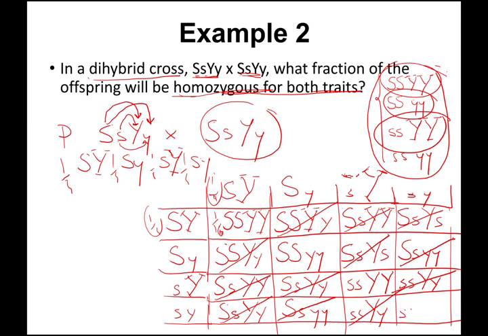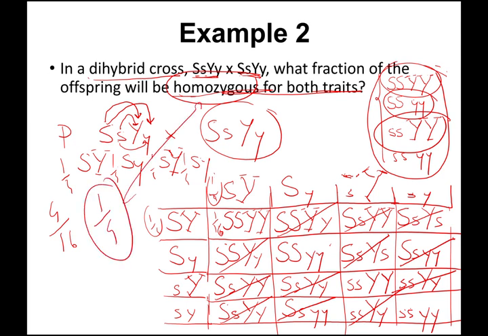And the last one instead will be homozygous recessive for the first one, homozygous recessive for the second one too, which meets the definition. So now we can answer the question: what fraction of the offspring will be homozygous for both traits? We have 1, 2, 3, 4. So 4 out of 16, or 1 in 4, will be homozygous for both traits. That answers the question.